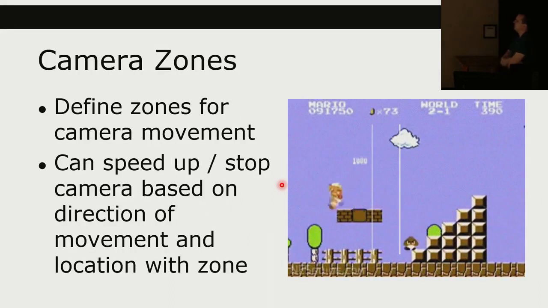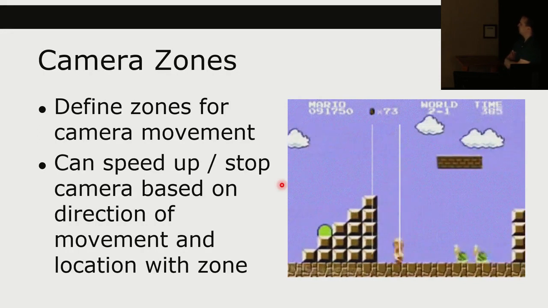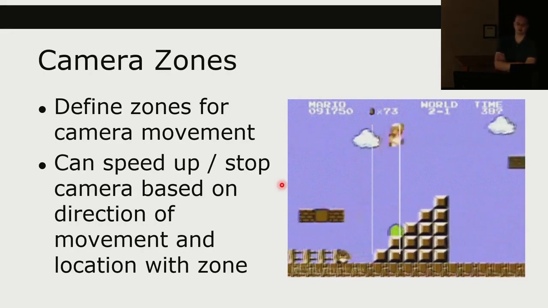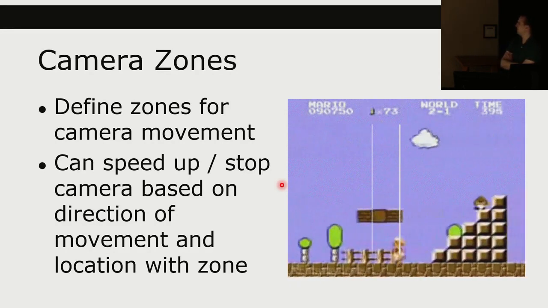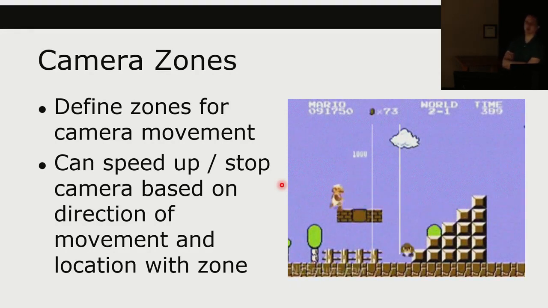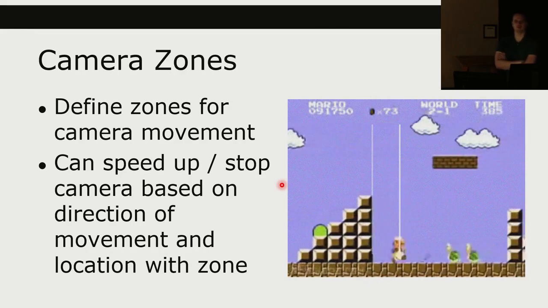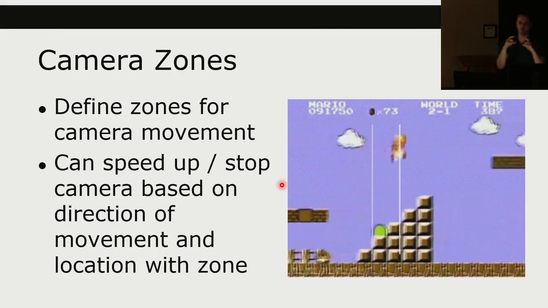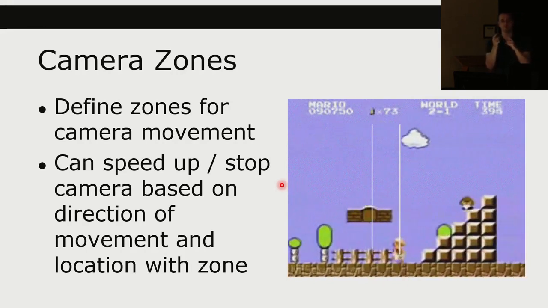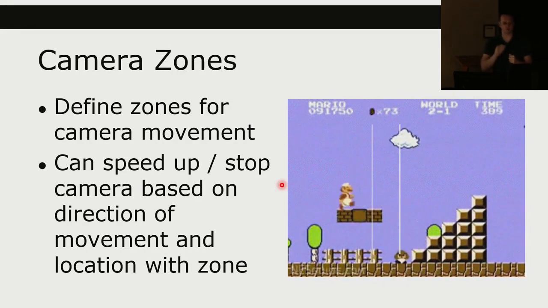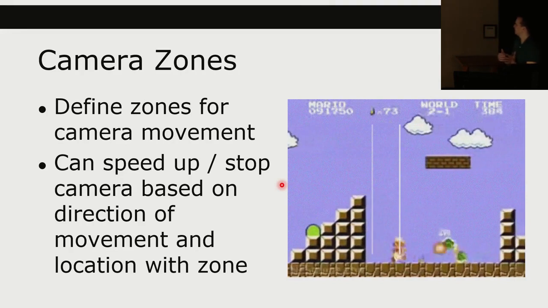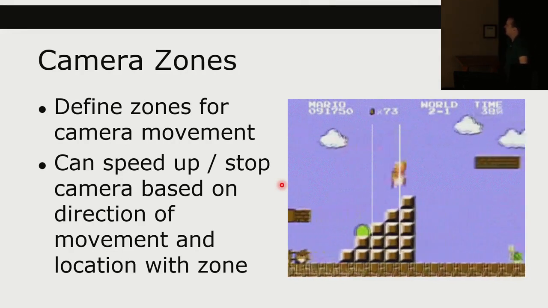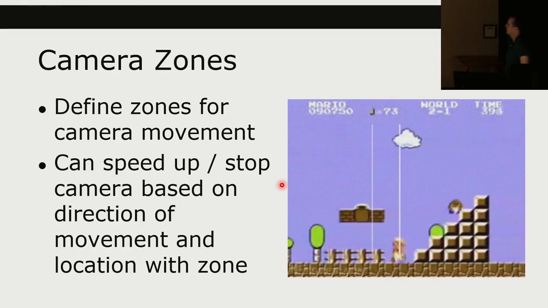There is also this idea of camera zones, which are kind of like a box trap, but not exactly like a box trap, where something happens based on the zone. Box traps are a very specific thing where the camera is going to definitely move if you are touching the side of the box trap. But in the original Super Mario Brothers, something completely different is happening.